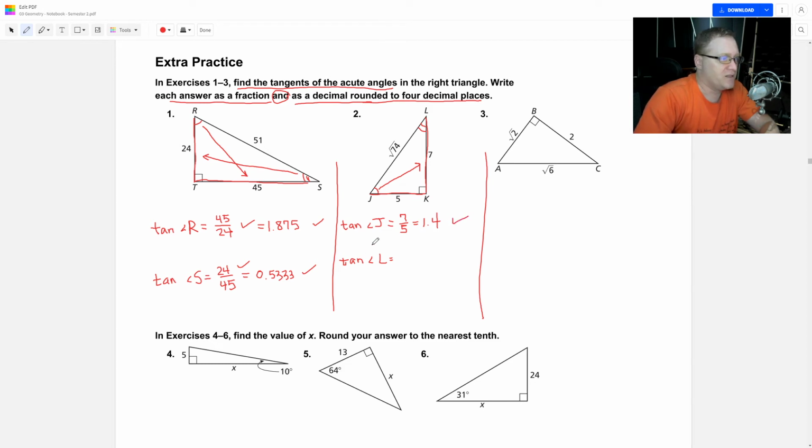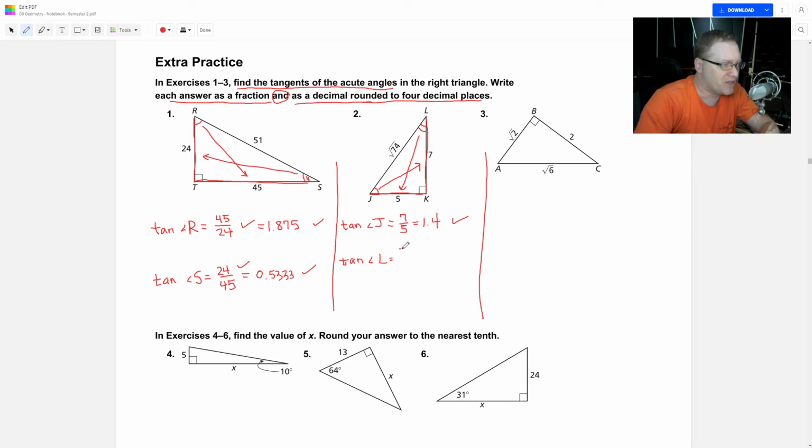Then we want the tangent of angle L too. Which one goes on the top? The 5, because that's the opposite. Remember, you can always draw an arrow from the angle to the opposite. You can't draw an arrow from L to 7, right? Because it's next to it. So that's why I always draw this arrow to point to the opposite side.